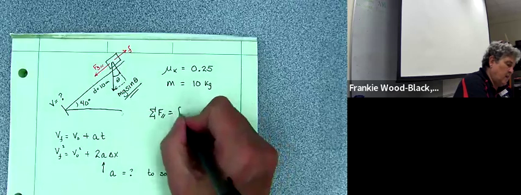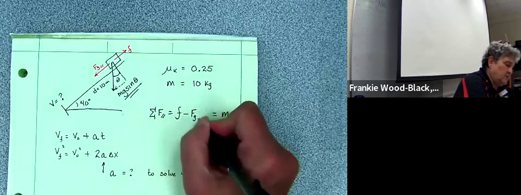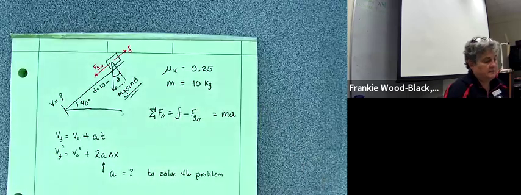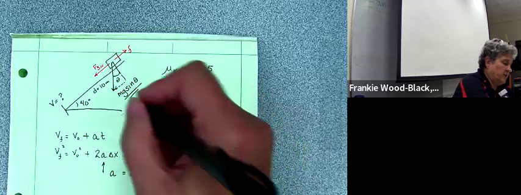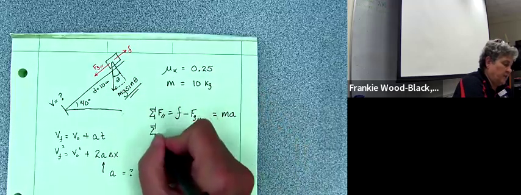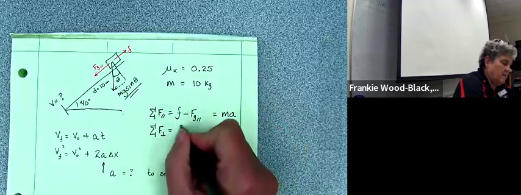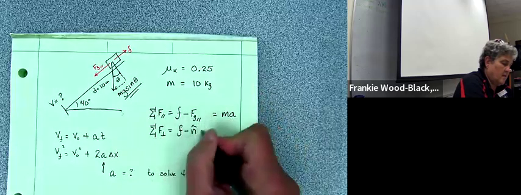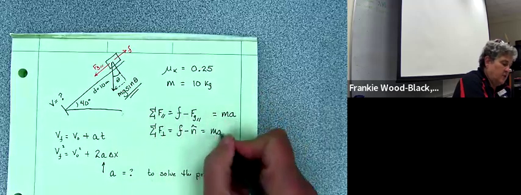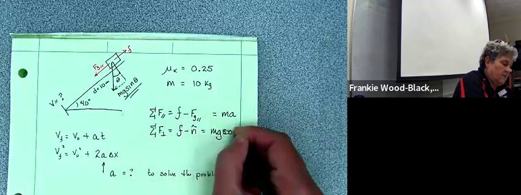So this gives me my force due to friction minus my Fg parallel. We have to figure out our force due to friction, and the force due to friction is going to come from our force perpendicular, which is going to be mg cosine of theta.